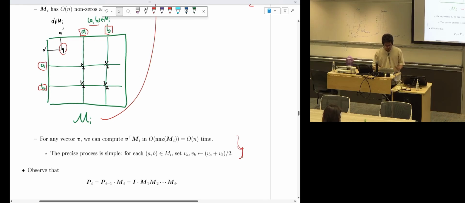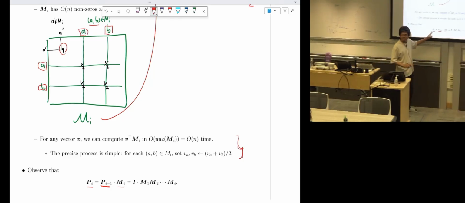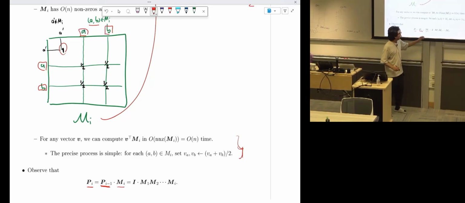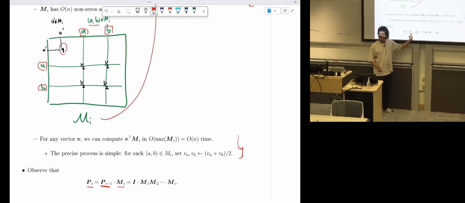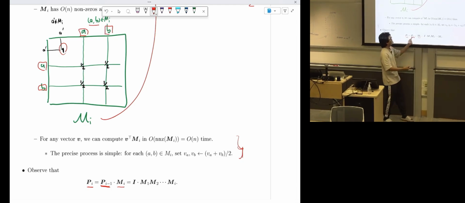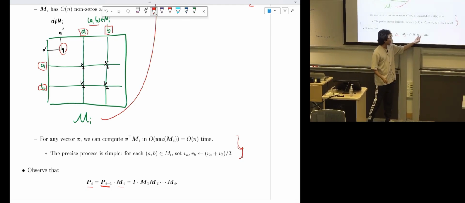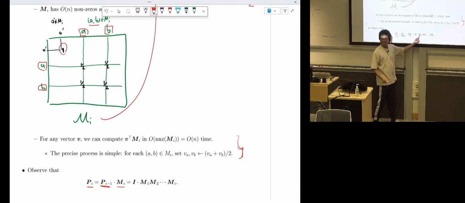And now observe this. If you write PI as PI minus 1 times MI, it means you can unfold this. Then you're going to get MI here and then PI minus 1, unfold that, you get MI minus 1, MI minus 2, up to M1 here, and then P0 here.